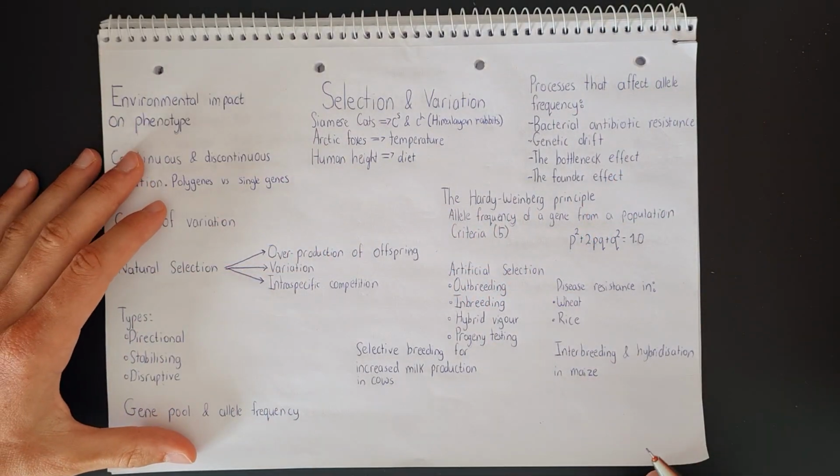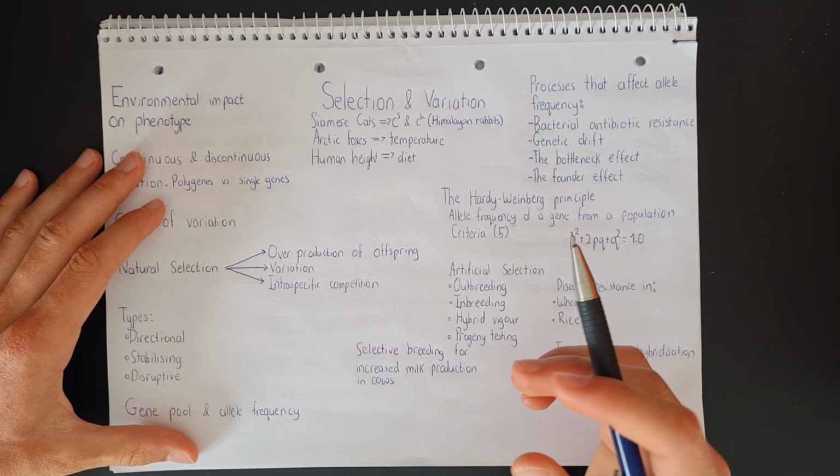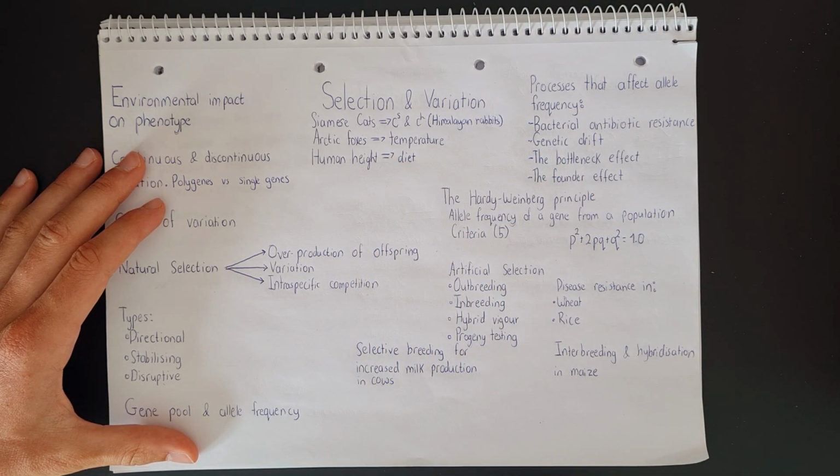So what's going to happen is that individuals with favorable alleles will be able to win in the struggle to survive against the individuals that have less favorable alleles. Okay, so it's survival of the fittest.